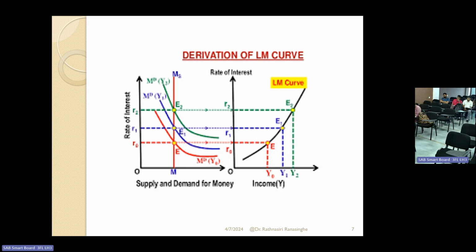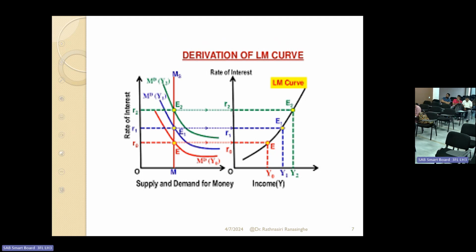There is upward pressure on the interest rate. So the interest rate increases from R0 to R1. Normally the interest rate increases until this excess money demand comes to zero. When it reaches R1, the excess money demand comes to zero.